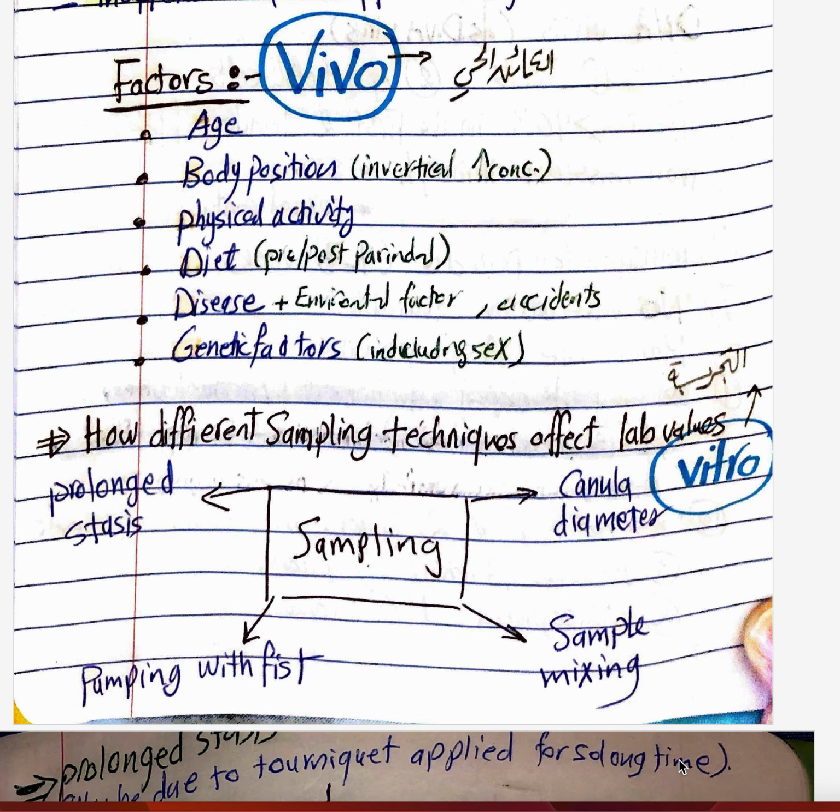And the question is how different sampling techniques affect the lab values. We can say these are in vitro factors, but they are under the influencing factors. They are associated with the sampling technique, like maybe prolonged stasis, maybe pumping with the fist, maybe sample mixing, maybe cannula diameter.